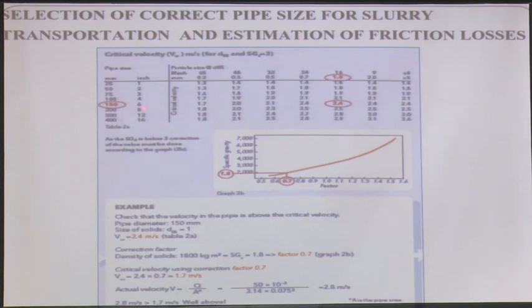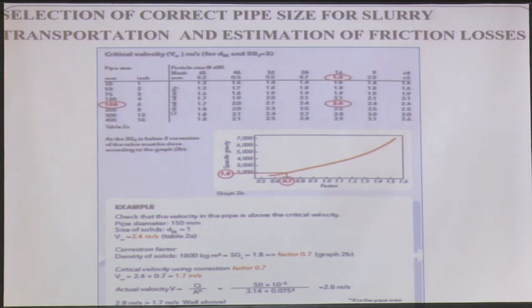This method says that normally for a pipe size there are some standard velocities which are available, right? Critical velocity, they say. Below that you should not go. Now, for that, first of all you have a slurry.